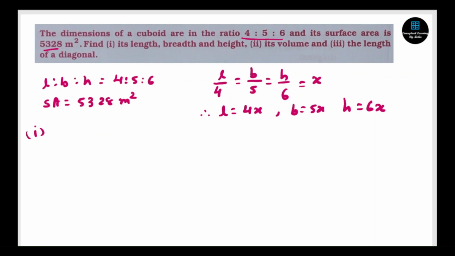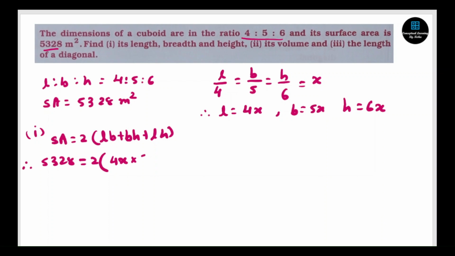Now to find the surface area, if I write the formula, it is 2 times LB plus BH plus LH. Now this is given to us, 5328 equals to 2 times 4x into 5x plus 5x into 6x plus 6x into 4x.